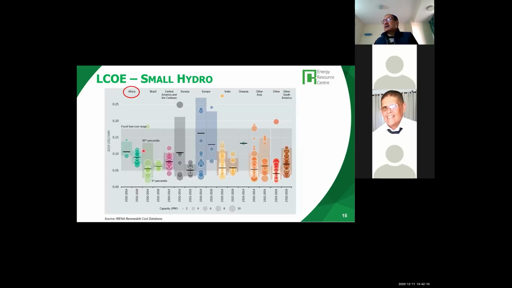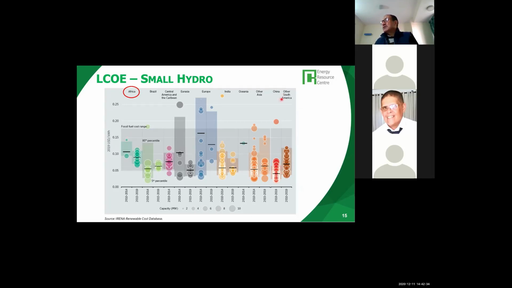For small hydro, the levelized cost per unit is the actual cost, so it is more than 10 cents. The average median is more than 10 cents. And there are some losses and some overhead, so maybe the tariff would be 15 cents per kilowatt hour or so.